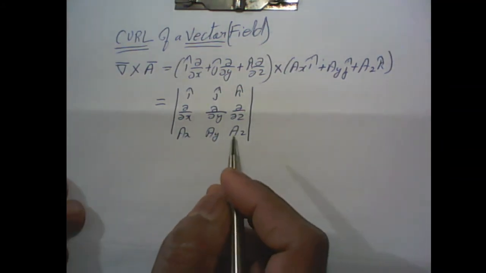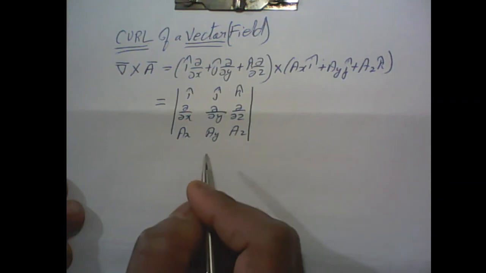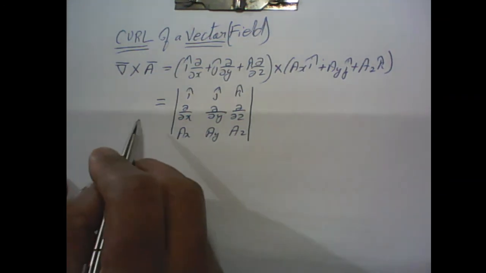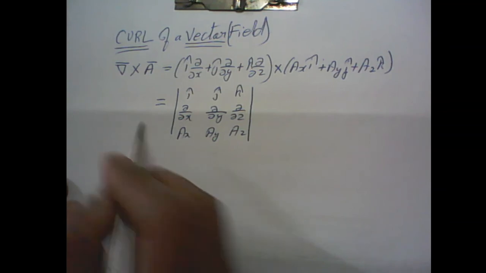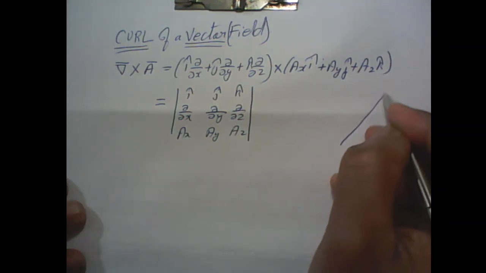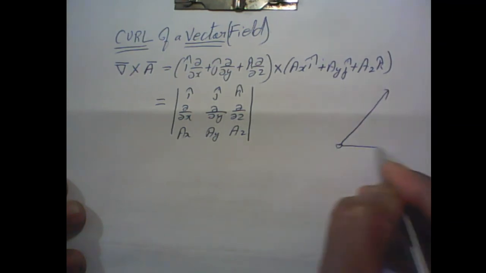So what is the physical significance? Again, I told you, the curl of a vector determines how much the vector turns round a point. So you should be able to make out for an electric field, the field lines are straight. They go out radially from the charge. They are straight lines going out from the charge like this.